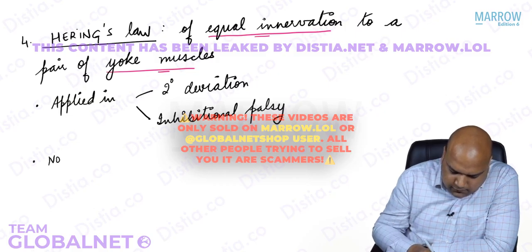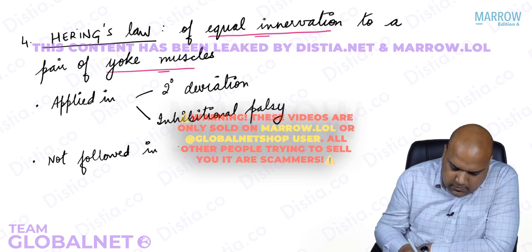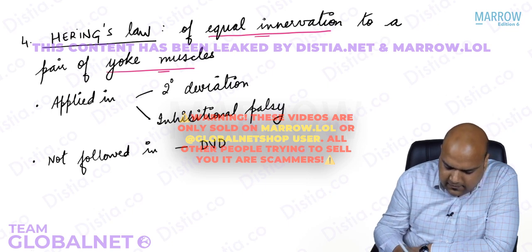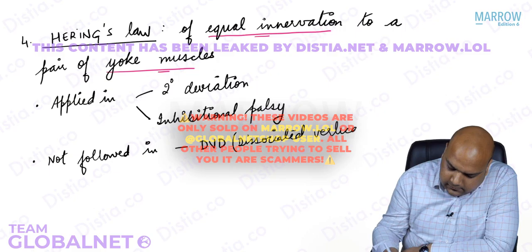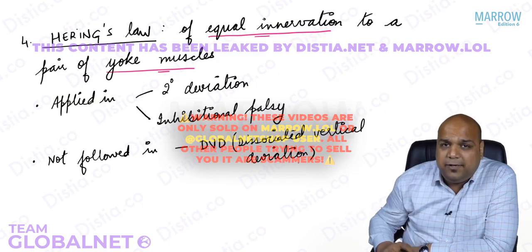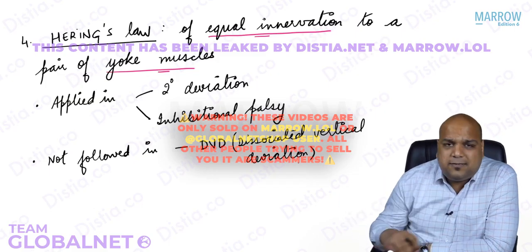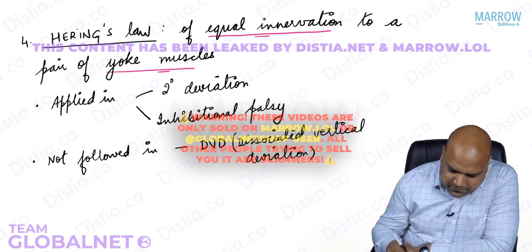But it is not followed in one condition which is known as DVD, dissociated vertical deviation. We will discuss all these words as we move along in Squint, everybody. For here, these are straight MCQs which can be asked, so you should know.